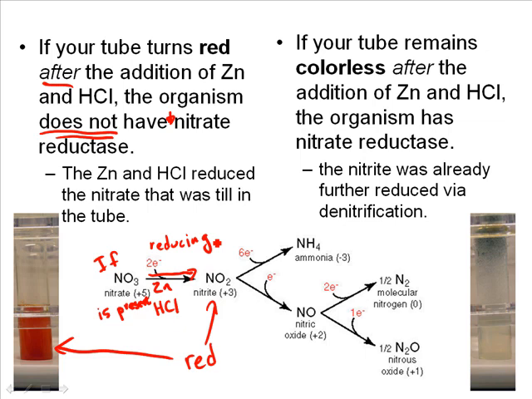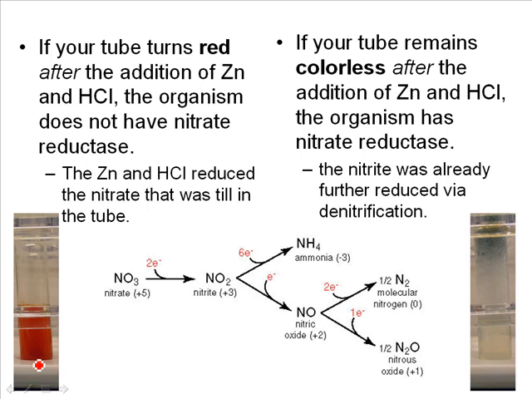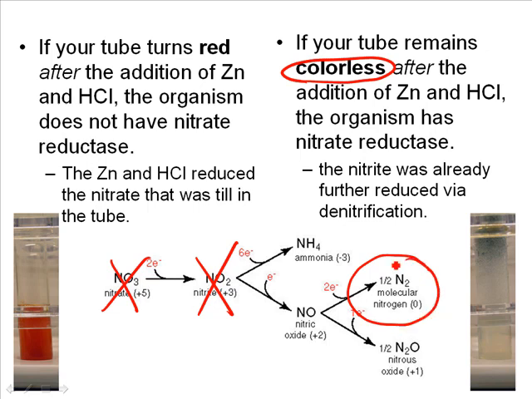Now let's go to the other side. What if you add zinc and HCl and it still remains colorless? What that means to me is that nitrate was already exhausted in the tube. That means to me nitrite was also already exhausted because the organism further reduced that nitrite to molecular nitrogen. Therefore, I can add all the zinc and HCl I want.